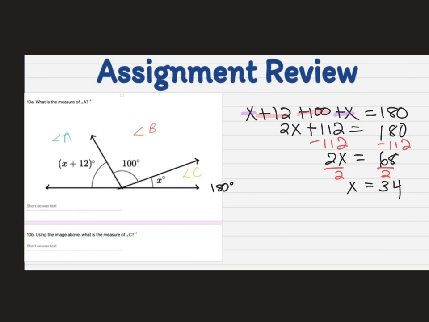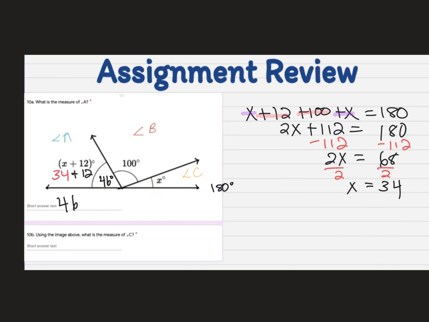So to get the measure of angle A, it says it's x plus 12. So I'm going to replace the x with 34. And 34 plus 12 is going to give us 46. So angle A is 46 degrees. And then 10b says what is the measure of angle C? And if I look at angle C, it just says x here.